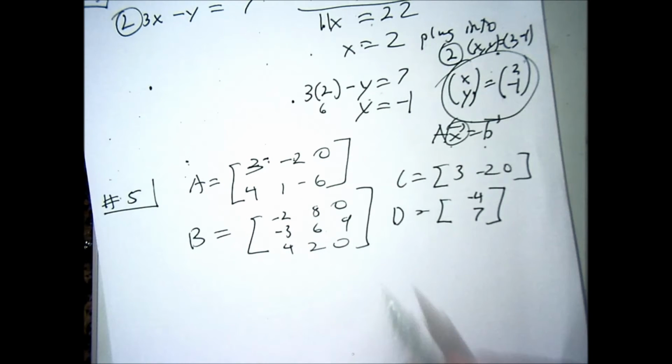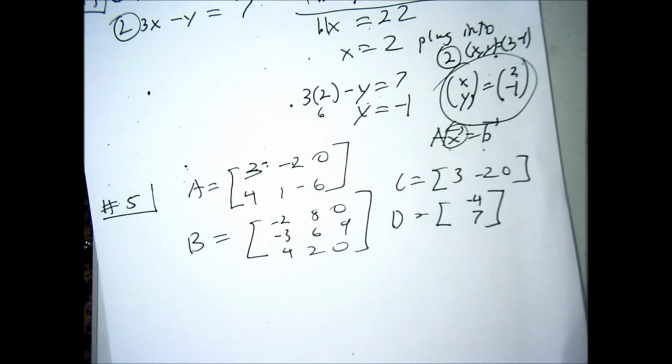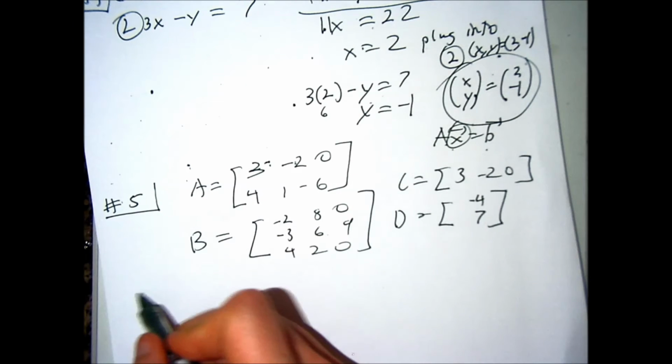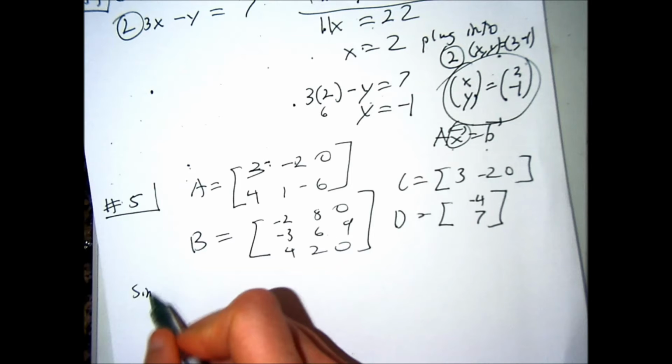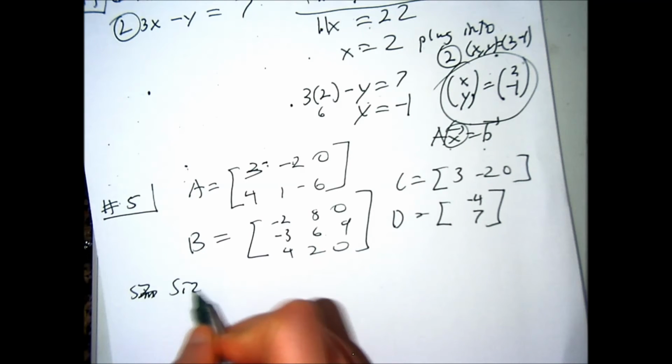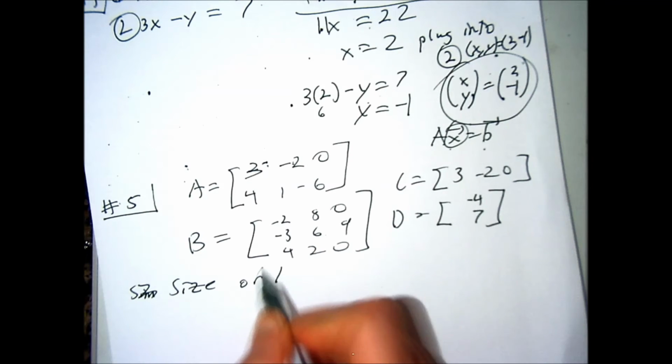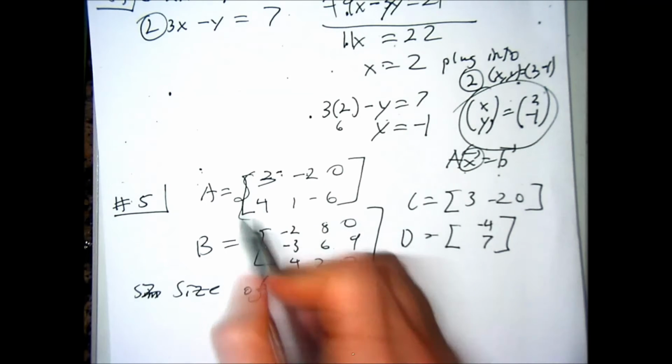So what is the size of A? Well, I don't know what they mean by size, actually. They never define that. I would assume they mean the number of rows and columns. Oh, okay. Yeah, they mean m by n. So the size of A, number 5, is the number of rows, which is called m.